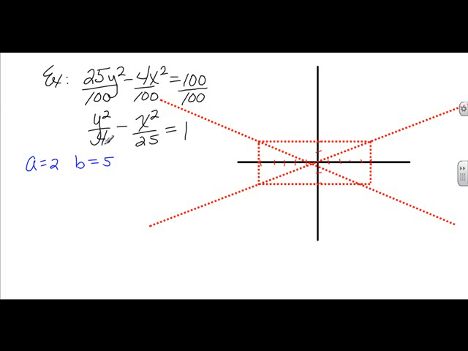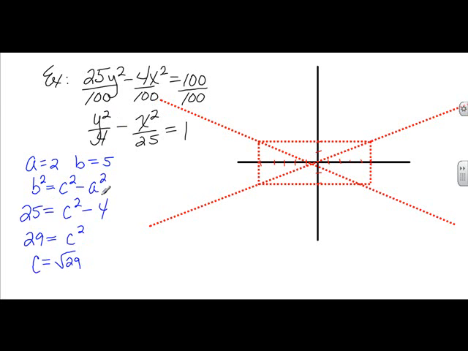I can figure out what c is by working with this equation. So 25 equals c squared minus 4. So 29 is equal to c squared, and c is the square root of 29. Now, since the hyperbola starts with y, then I know that we have a hyperbola that's opening up and down.